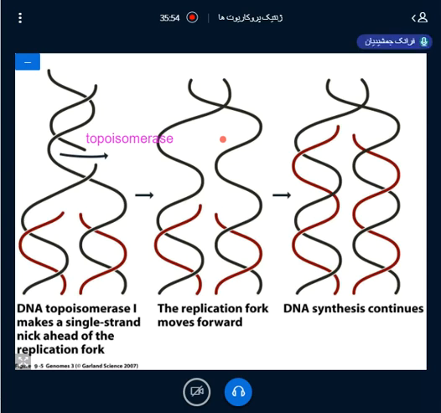Anytime the replication starts and the replication fork goes through, in the above side we have some supercoil. Which enzyme removes these supercoils? Tell me, please.